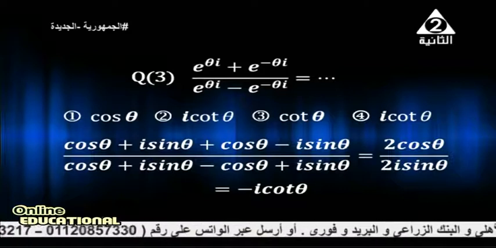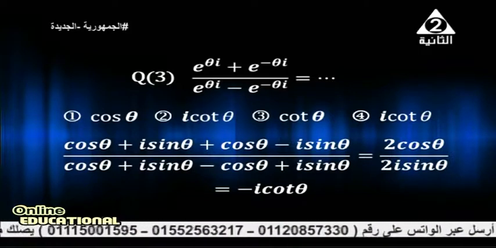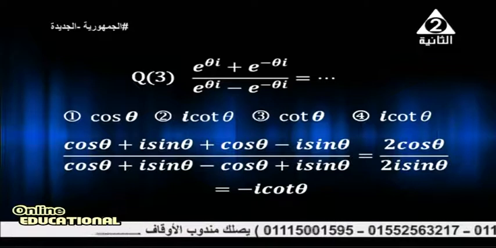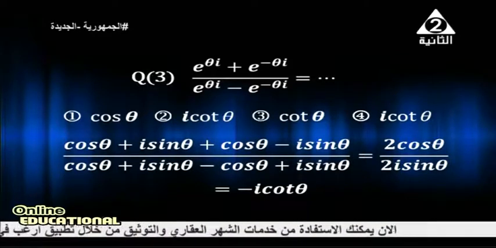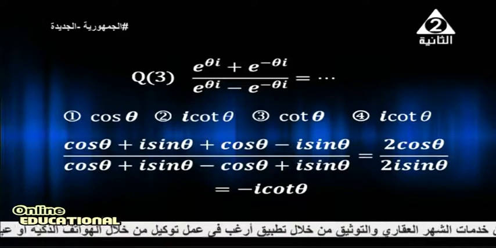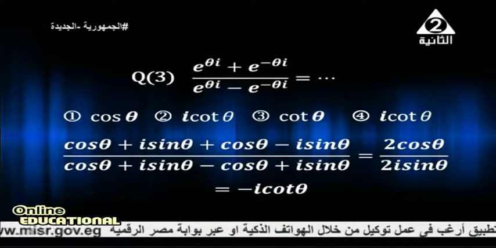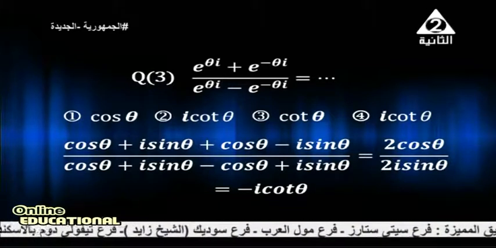Why negative? Because, my dear student, don't forget, 1 over i equals i power 3, and we know that i power 3 equals negative i.